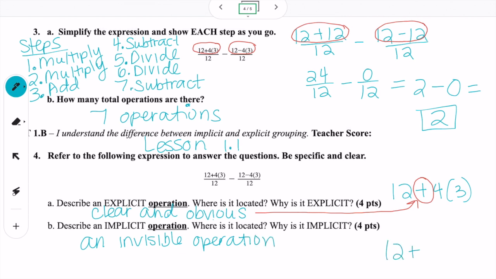And actually, the same group has an implicit operation, because when we squish 2 numbers together like this, that means to multiply. 4 and 3 means to multiply. There was no symbol that told us to multiply. We just know that means to multiply. So that's an example of an implicit operation.